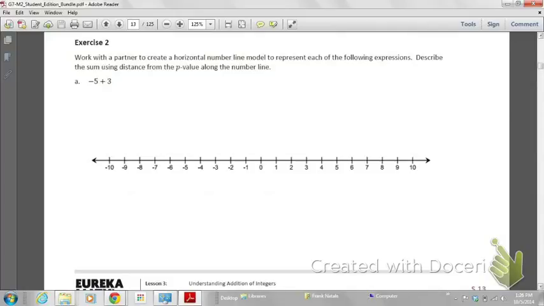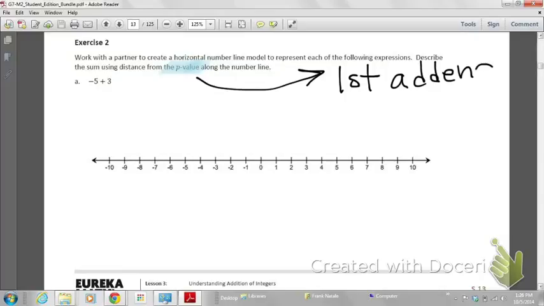Okay, here's exercise 2. I ask you to work with a partner to create a horizontal number line model to represent each of the following expressions. Describe the sum using distance from the p-value. Let me just explain that. I throw a lot of things at you here. This p-value is your first addend.